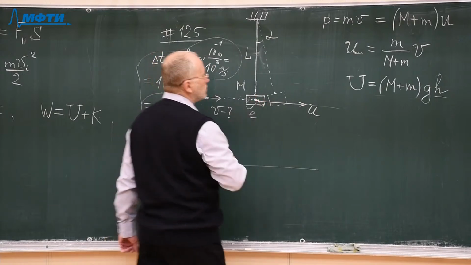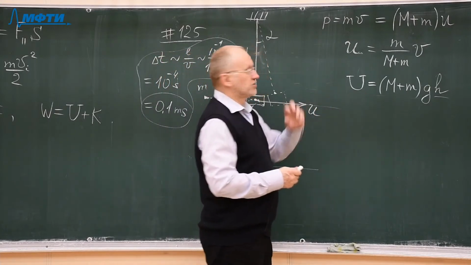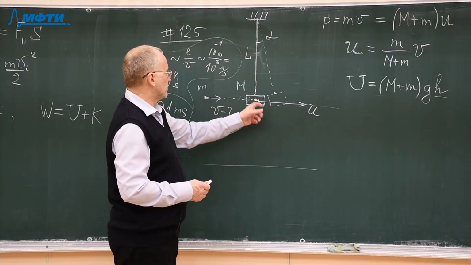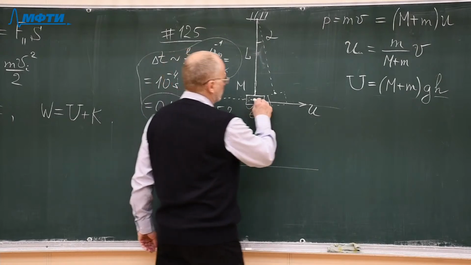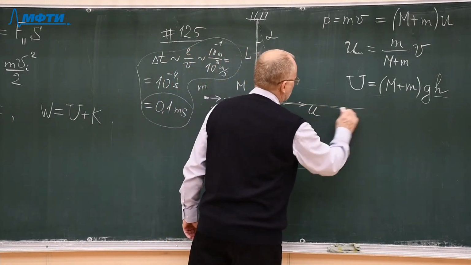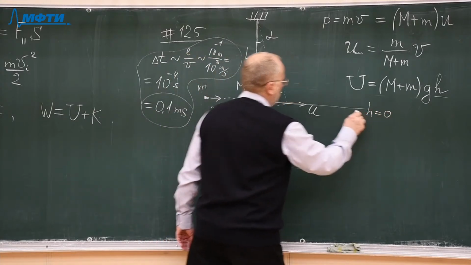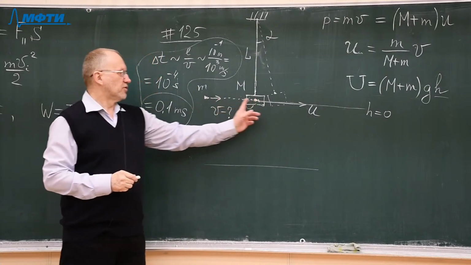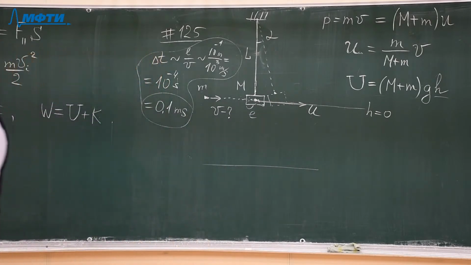If the initial height was 0, then the initial potential energy is 0. It's much easier, much more simple equations. So the initial potential energy is 0 because we choose the level of 0 height coinciding with the center of mass of the box and the bullet before they are deflected. But we may choose any level if we want.